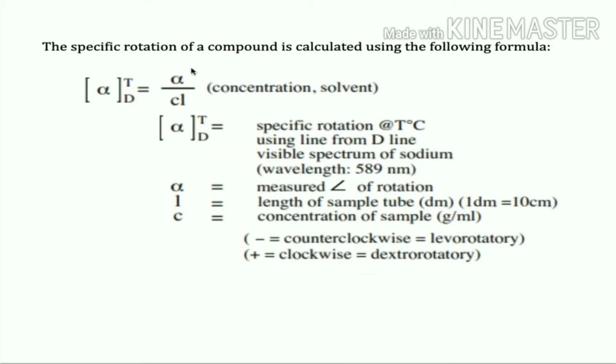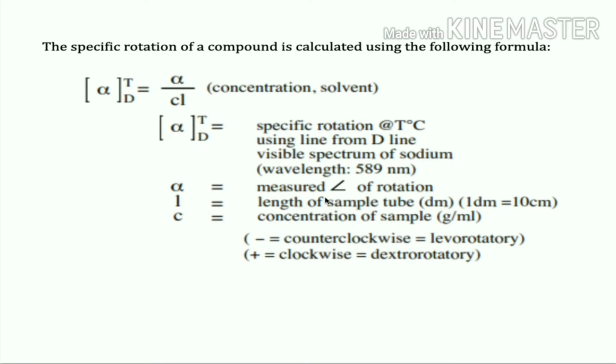Specific rotation of a compound is calculated using this formula: specific rotation is equal to the angle of rotation divided by concentration times length. This is the specific rotation at a particular temperature using the D line, that is 589 nanometer. Alpha is the measured angle of rotation of plane polarized light, whether it rotates right or left.